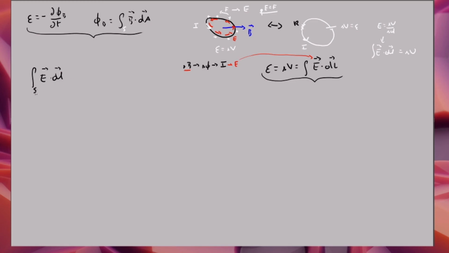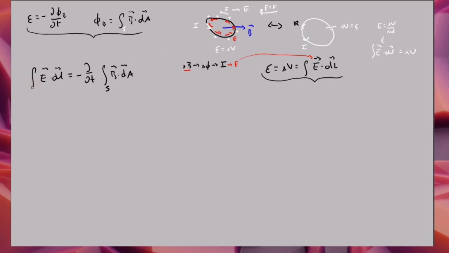Equals, on the other side, negative d/dt of the integral over the surface of B dotted with dA. So you're calculating the magnetic flux through the surface S, and here you integrate the electric field along the edge of that surface.